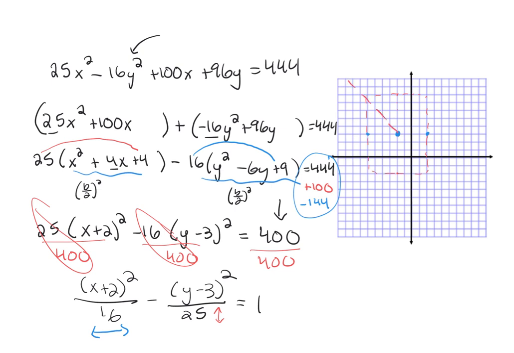Get your asymptotes on there. And sketch your hyperbola. And then last step, get the foci. So c squared equals 16 plus 25. So c will be the square root of 41, which is about 6.4.